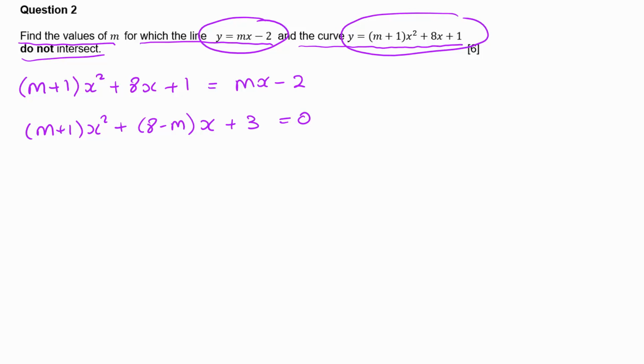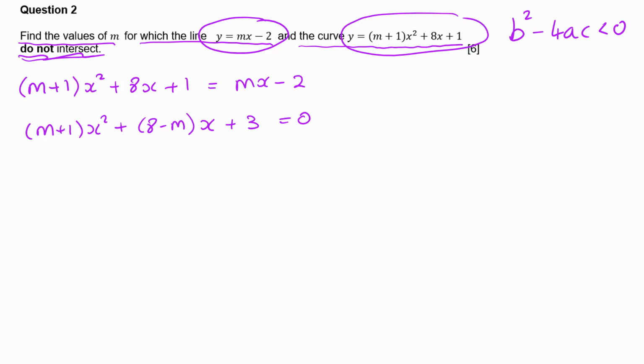Now, if we're looking for the number of roots, we know that we can use the discriminant b squared minus 4ac. And in the case of wanting them not to intersect, that means we want no roots, and therefore we'll be looking for that to be less than 0.